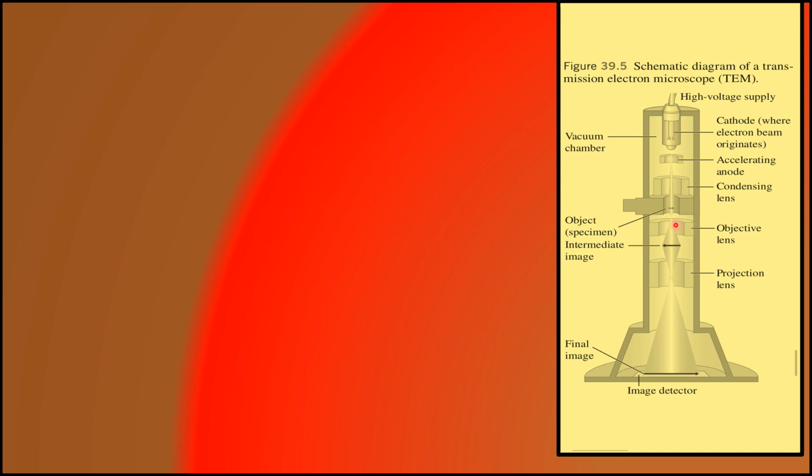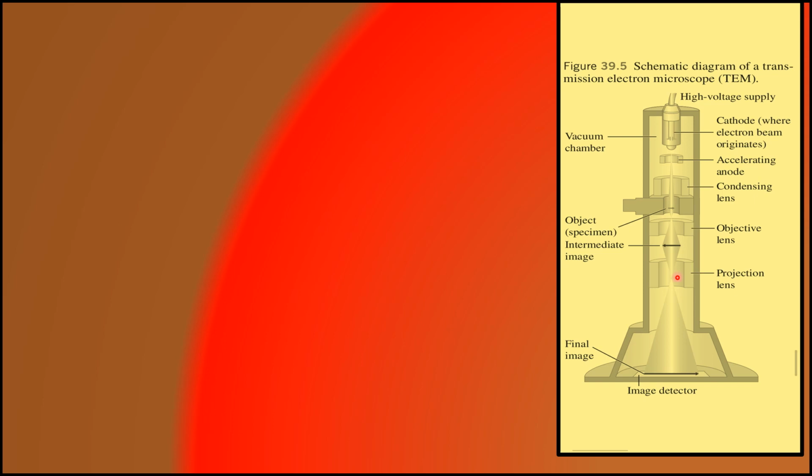The beam then passes through two more magnetic lenses, an objective lens. This objective lens forms an intermediate image of the specimen, and then there's the other magnetic lens, a projection lens, that produces the final real image of the intermediate image.